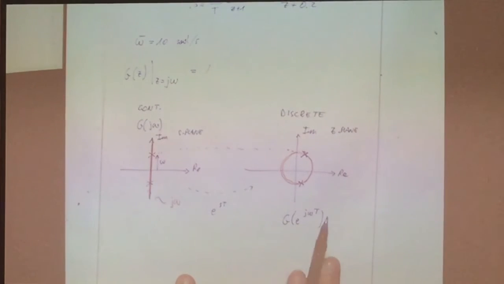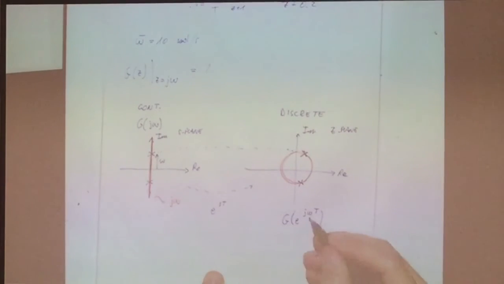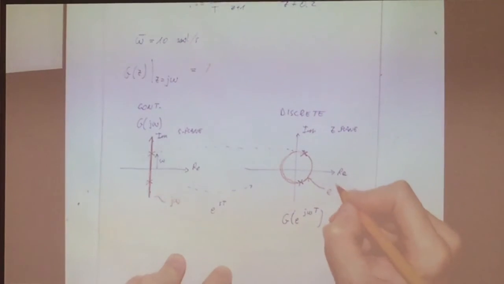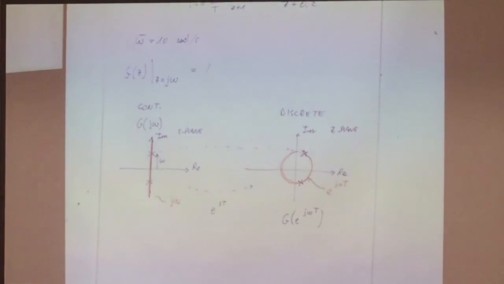That's the frequency response to a sinusoid of frequency omega in a discrete system. And by the way, e to the power of j omega T is nothing else but the analytical expression of the unit circle. Right?